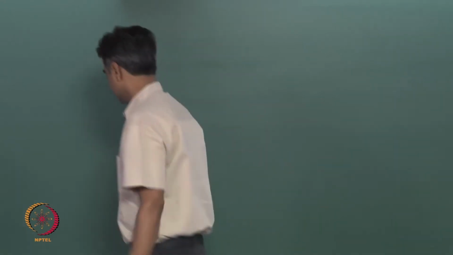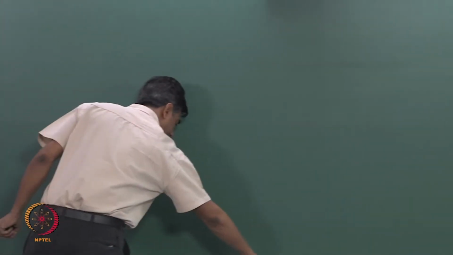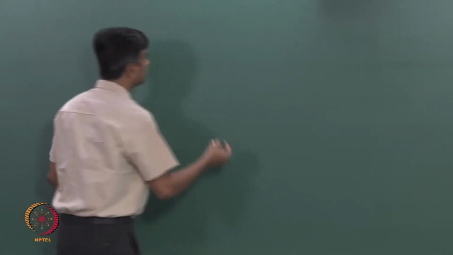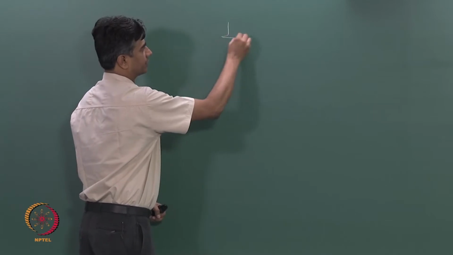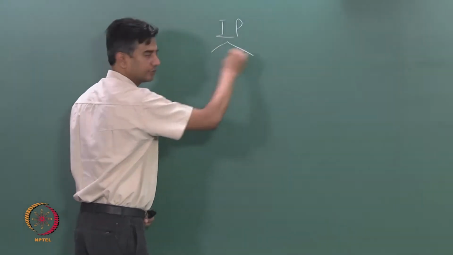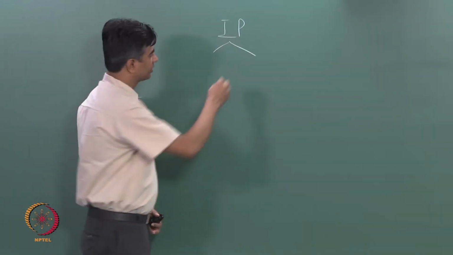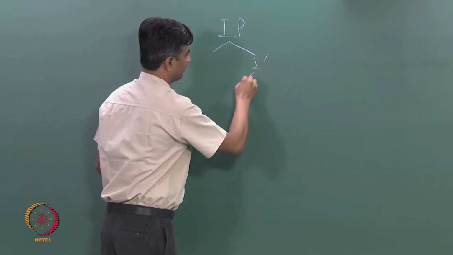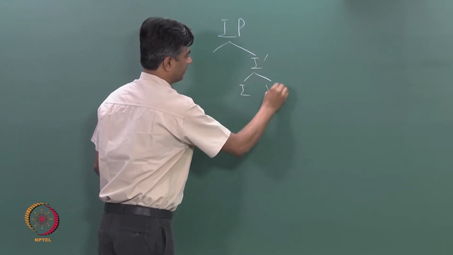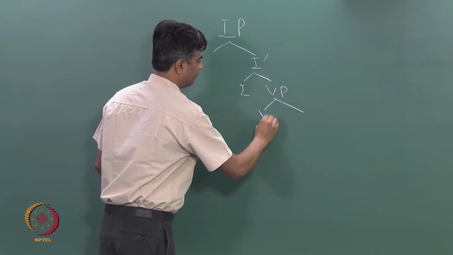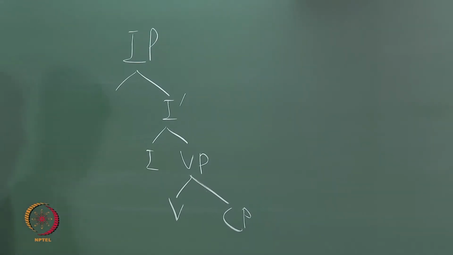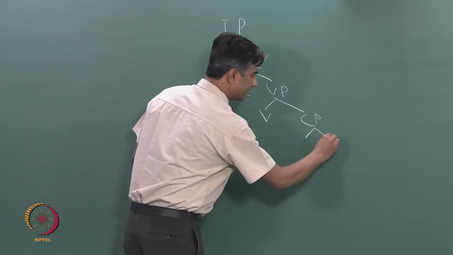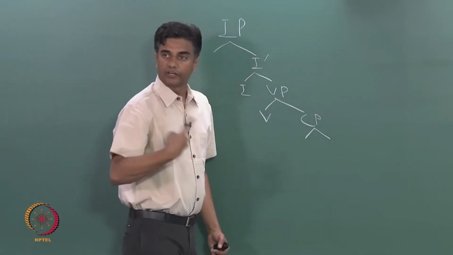Let me show you a little bit to make my point clearer. What I am trying to show here to you is, we have an IP. I'm going to put it in short. We have a V and a CP here. All right? This is the CP in the red that we are talking about.